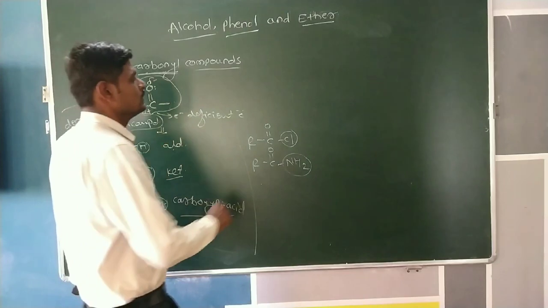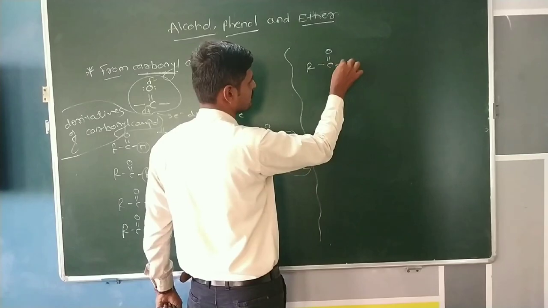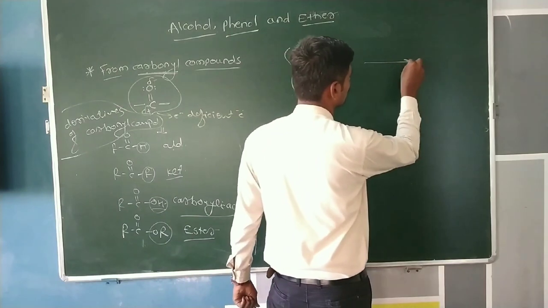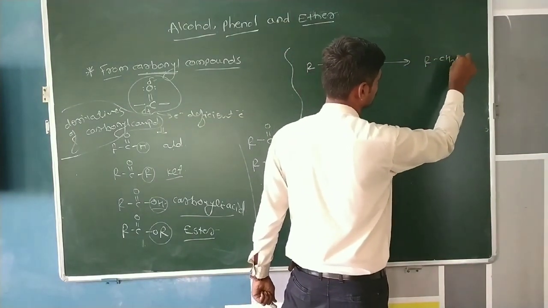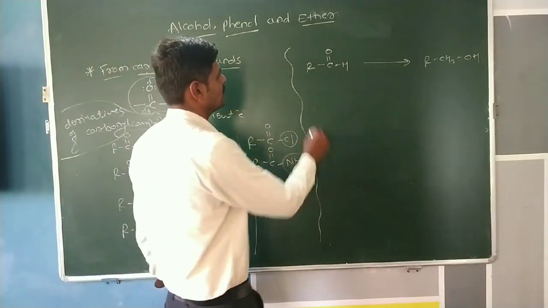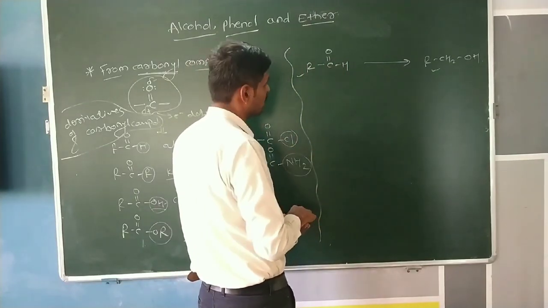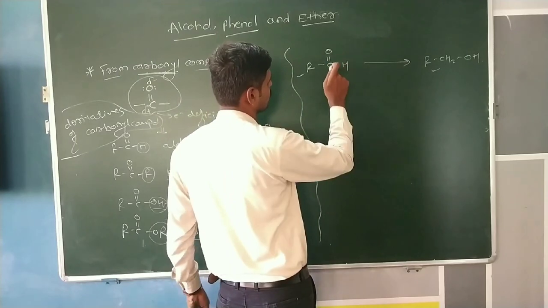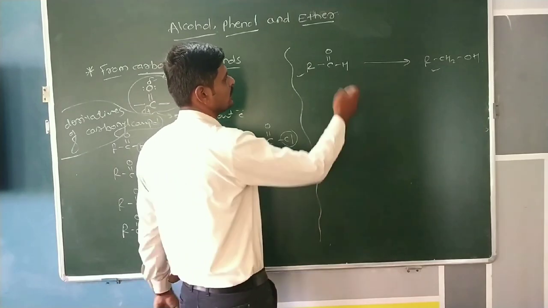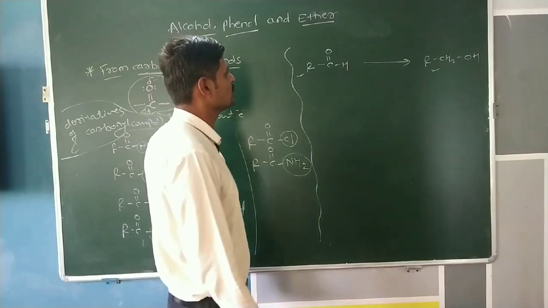In this general reaction, firstly we take the aldehyde. The aldehyde gets converted into alcohol, that is RCH2OH. On the basis of reactant and product, the bond between carbon and oxygen is a double bond, and a double bond is a stronger bond because the bond length decreases, therefore bond enthalpy increases.